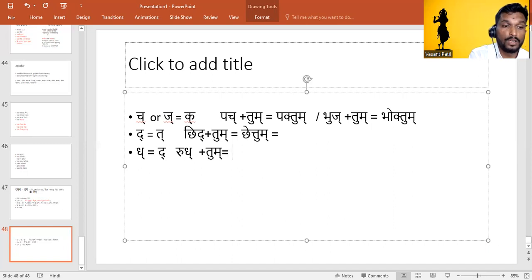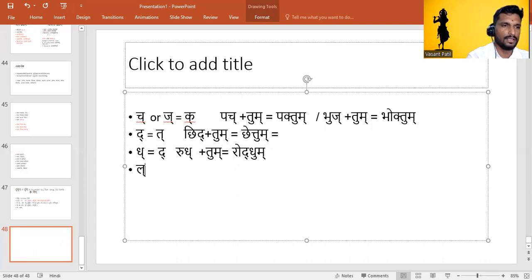Then u becomes o because of guna, and the ending letter changes. So rodhum. Rudha means to stop. Rodhum. If you don't understand, please ask.